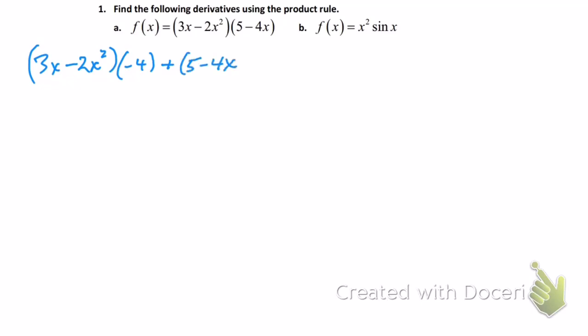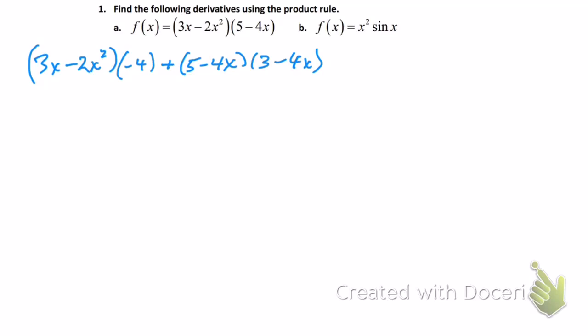This actually takes longer than just multiplying it out with FOIL. But let's do it this way, just for the sake of our broken hearts. Okay, what's the derivative of the first function? So 3 minus 4x, right? If something doesn't make sense, stop me.